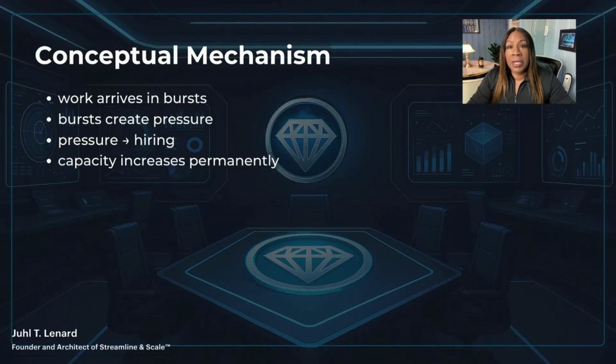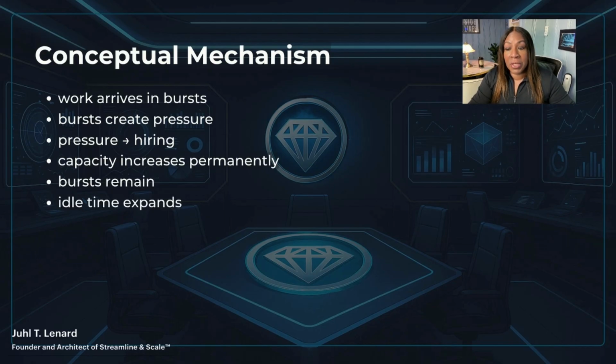When you hire, the capacity increases permanently, or you have to let some people go. We don't want to be in that position. And the bursts remain. So you thought the hiring helped, but the bursts remain. The idle time expands because now you have greater capacity. The system isn't overloaded, it's uneven.